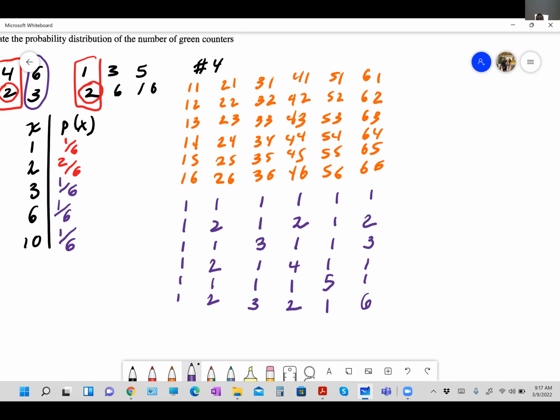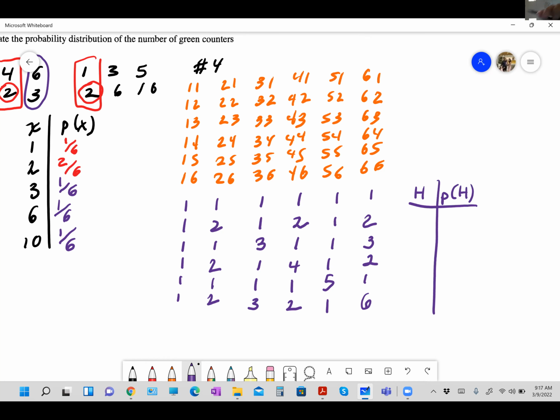Which column? Oh, so which is the 2? This guy. Okay, so that would have made everything wrong. Yeah, because 6 and 4 are the highest. Okay, so now we have H and probability of H.